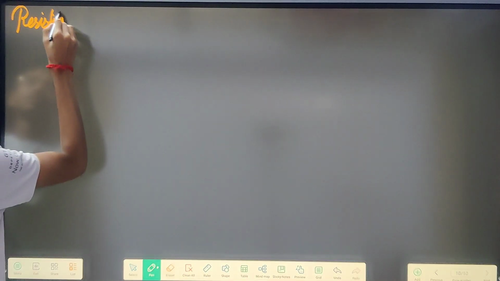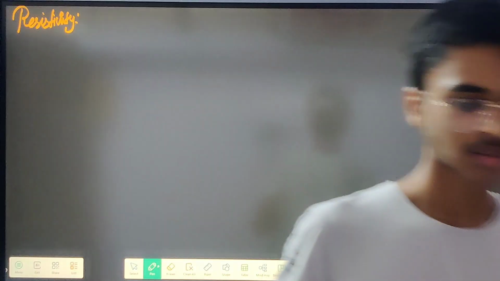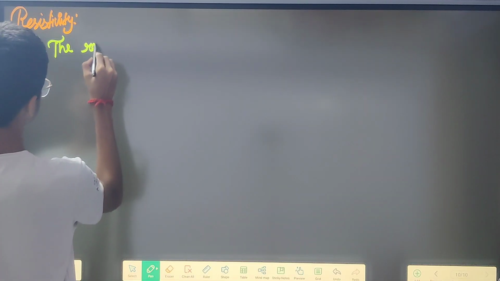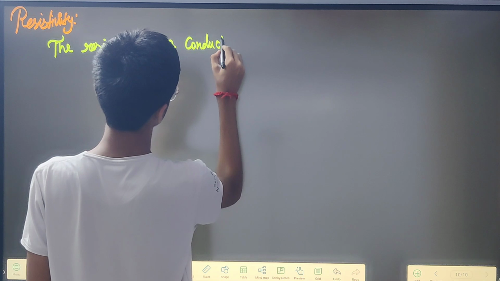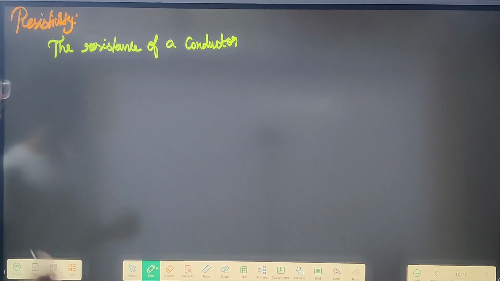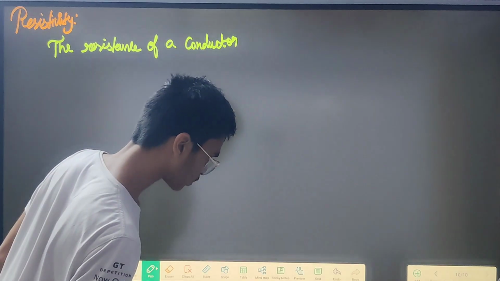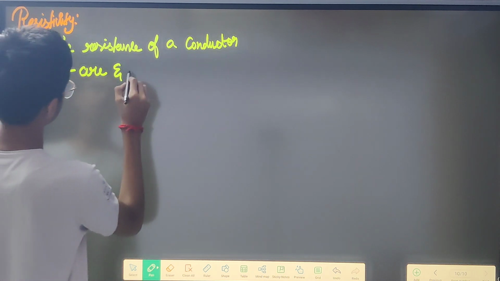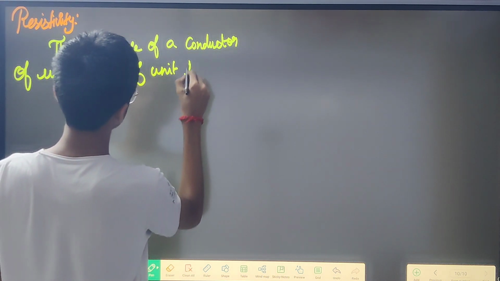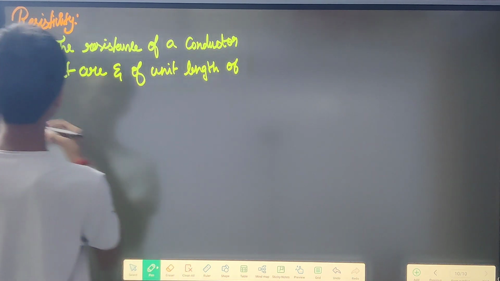Since all these concepts we have already seen, it is the resistance of a conductor of unit area and unit length, of unit cross section area and of unit length.